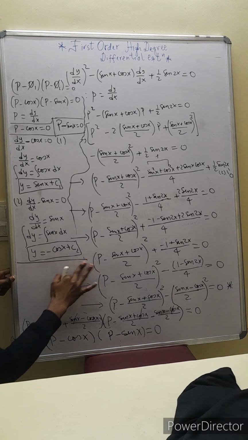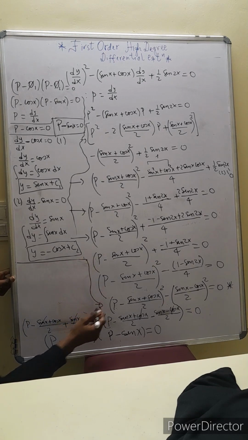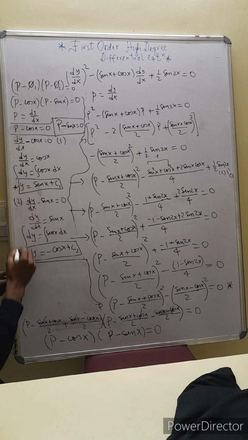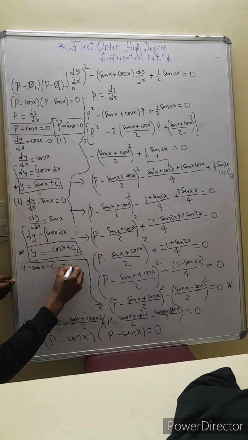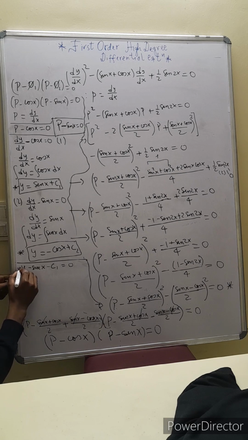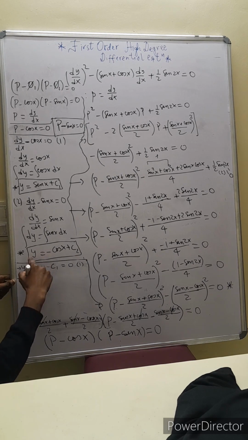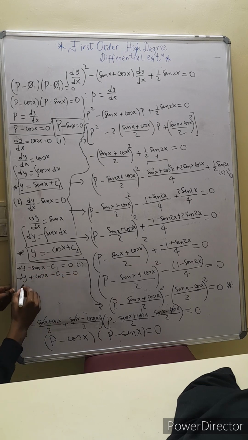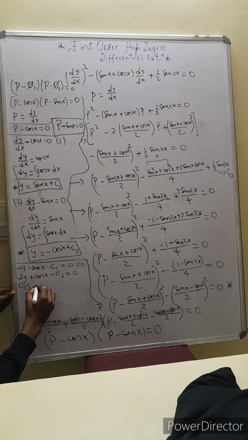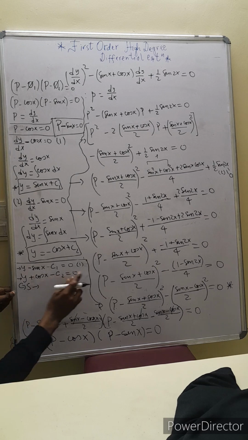What are we going to have? This one and this guy, just make them equal to 0. If you make this equal to 0, this will be y minus sine x minus C1 equal to 0. And the second will be y plus cosinus x minus C2 equal to 0. So the general solution will be what? This product, this and this, equal to 0.